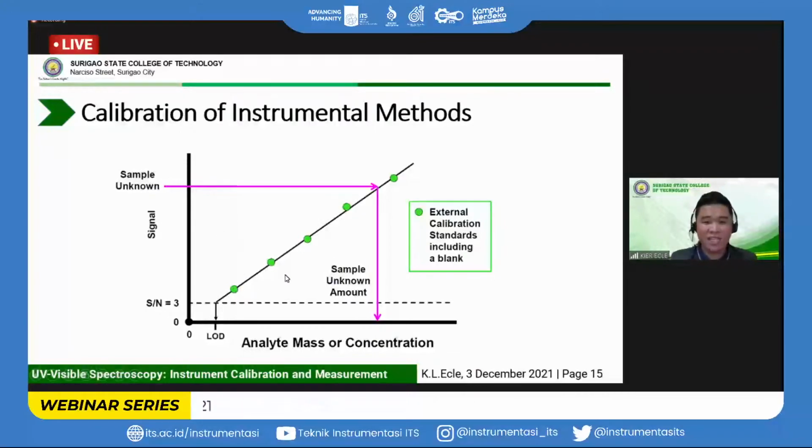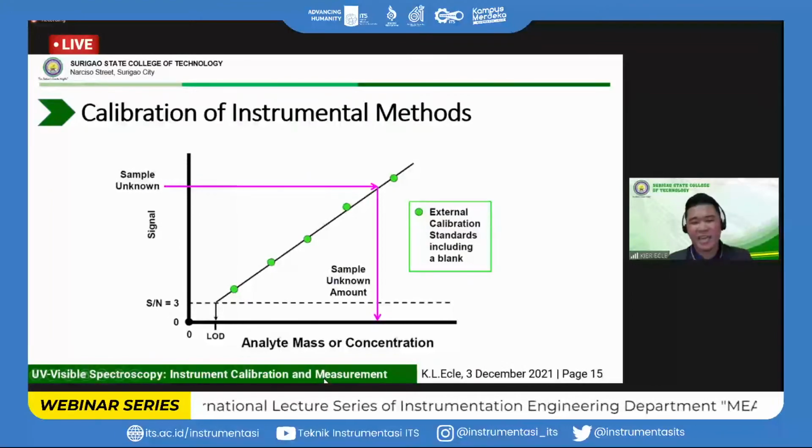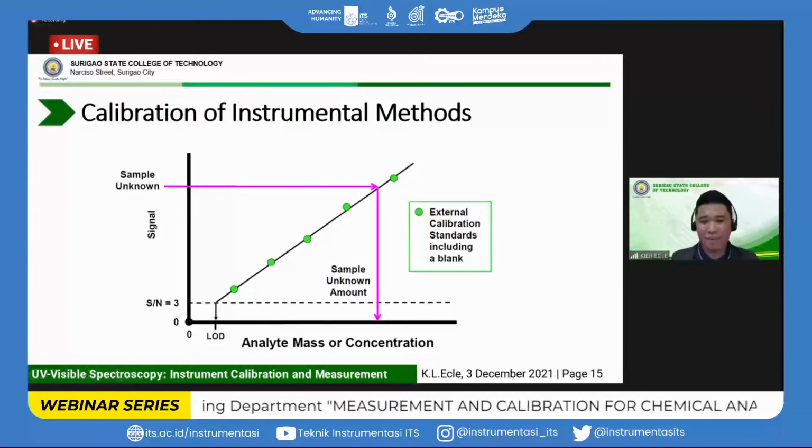So in this particular example, on the y-axis you have the absorbance, and on the x-axis we have the concentration of the sample. This is how you generate your calibration curve, and as much as possible the R squared, or the coefficient of determination, must be equal to 1 or 0.9999.